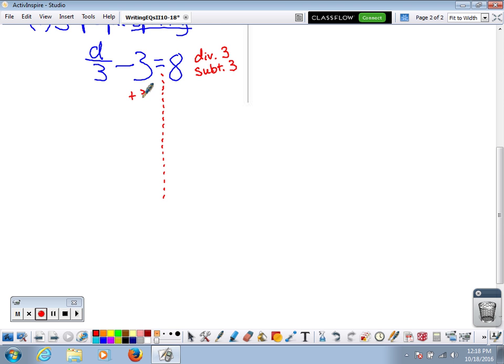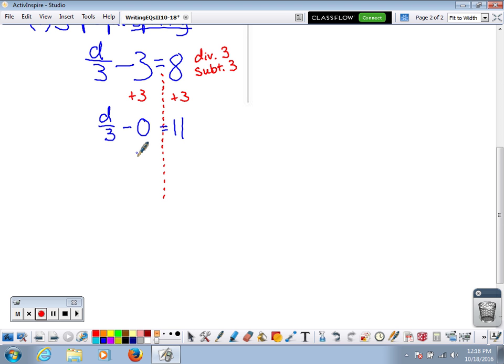We're going to add 3 to both sides. Okay, what's that going to give us? How about the minus 3 plus 3? What happens there? Good. D divided by 3 minus 0 equals 8 plus 3 is 11.